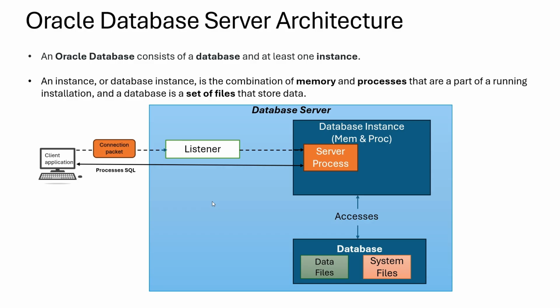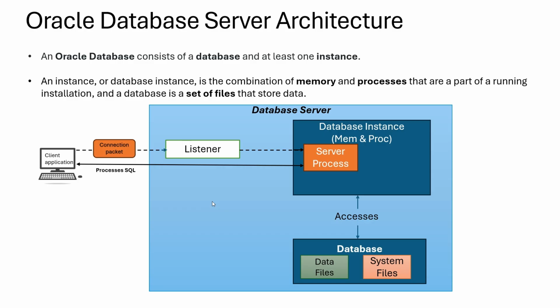Listener is a process that runs in the database server, which listens and decides whether the client connection is legitimate to connect to the database. Basically, it will allow the client connection to pass through and connect to the server process. The listener will have information such as IP address, port number, host name, and database ID.